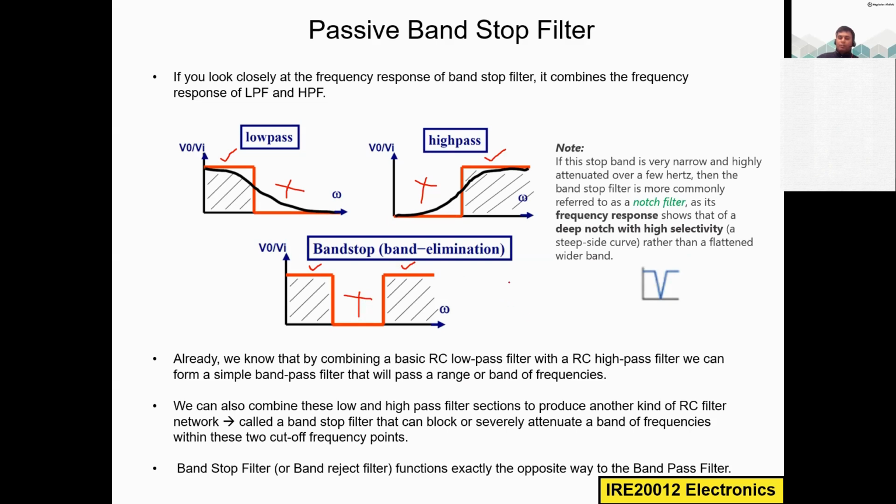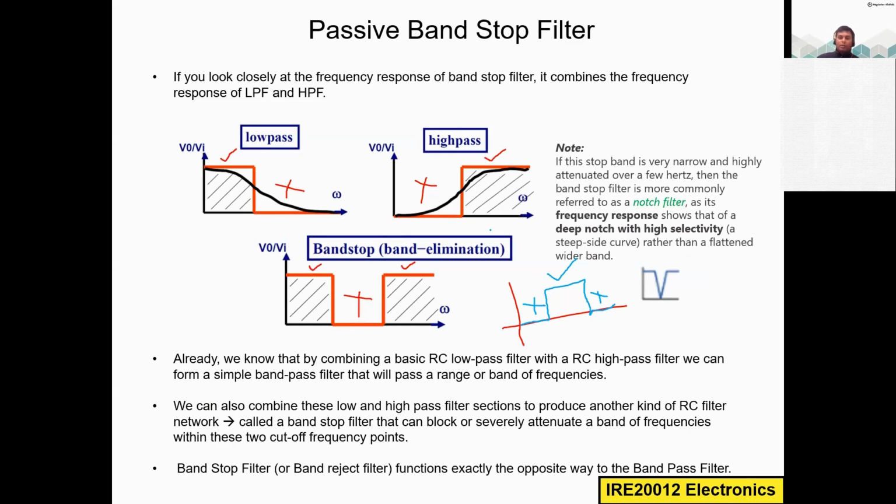The band pass is the opposite. It's just passing this band, blocking here and here, and passing only this one.